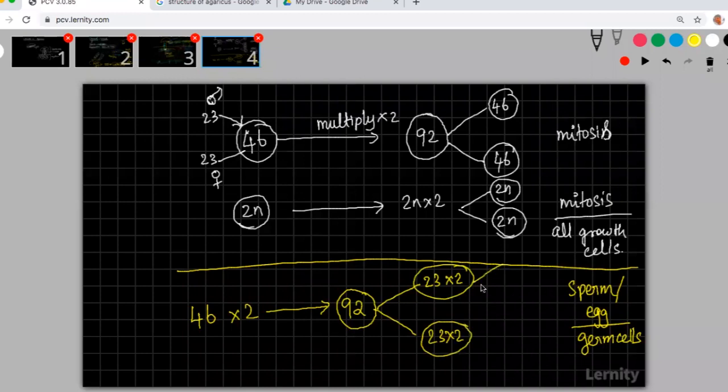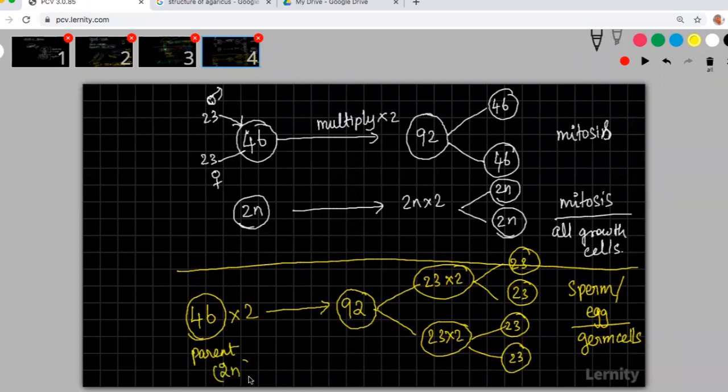And finally, this will further divide into 23, 23, 23, 23. So the parent is having 2n, 2 sets, whereas the daughter cells' final product is having only 1 set. This kind of division is called meiosis.